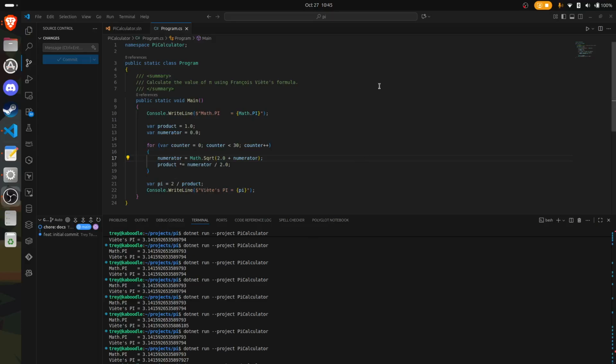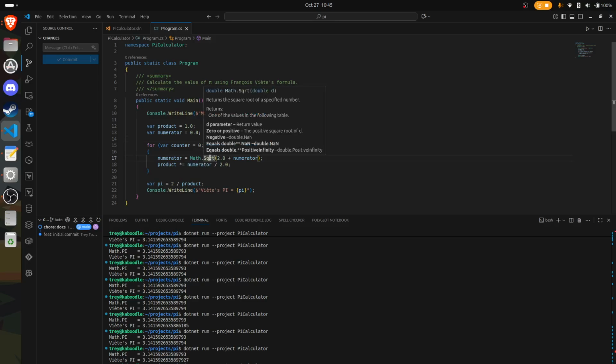Welcome back. So, last time we left off, we have this little function here that will calculate the value of pi using Viète's algorithm. And the problem is we can only do it with a double. Or a float. I mean, float has less precision than a double, so why would you want to?